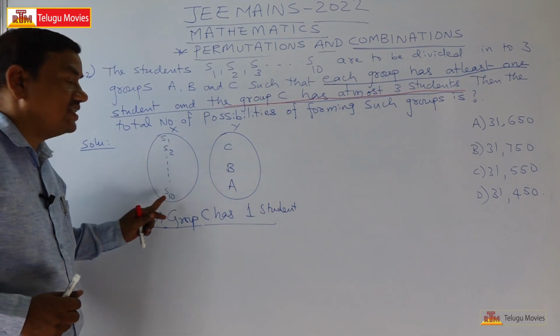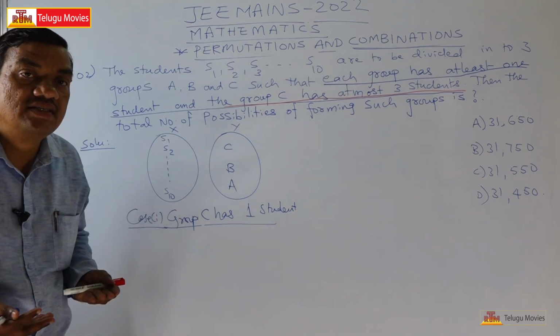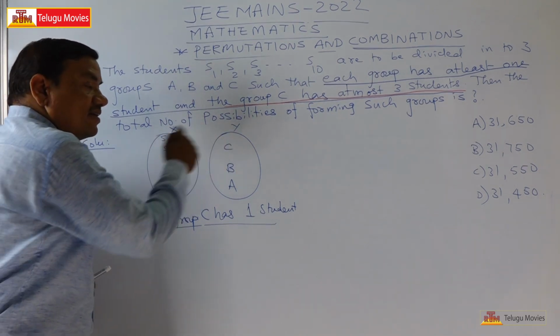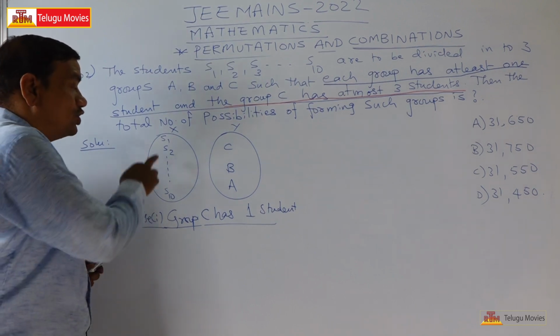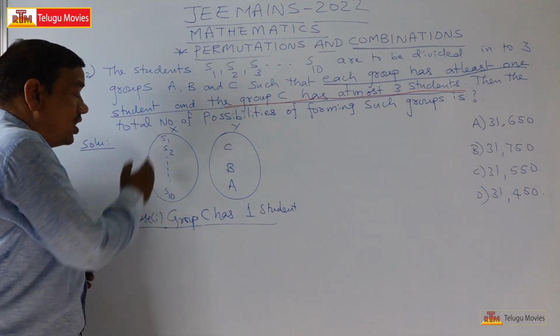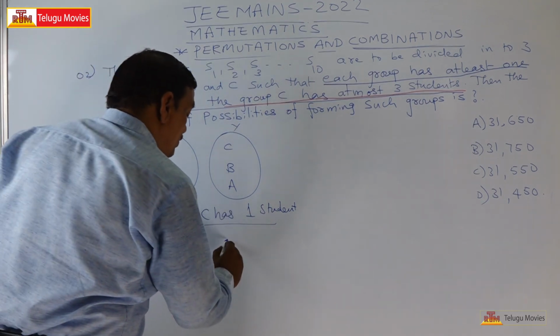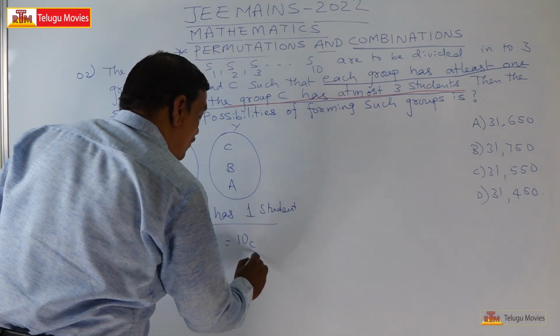These 10 students can be selected and allotted to C in how many ways? S1 can be allotted to C, the second student can be allotted to group C. Like that, there will be 10 possible cases. So this is equal to 10C1.